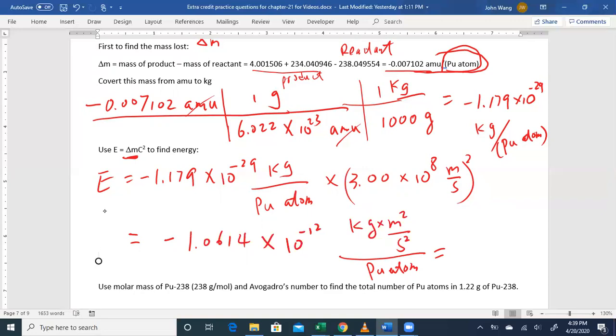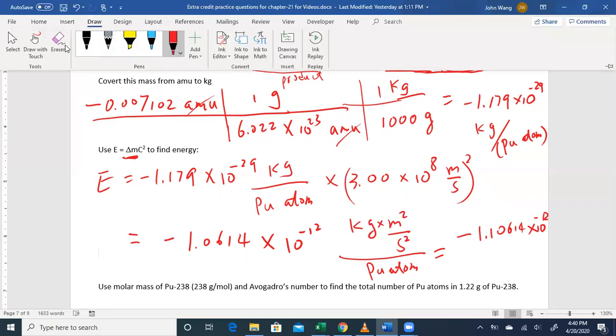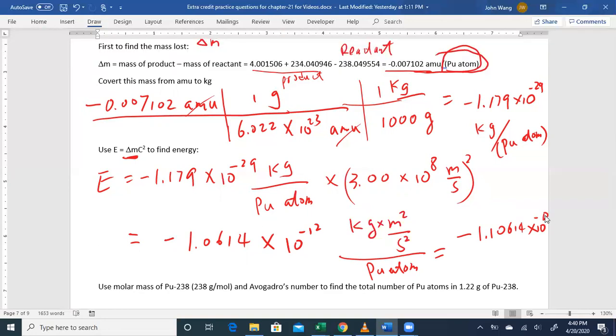So therefore, that'll become negative 1.0614 times 10 to the negative 12, and actually joules. Let me write them a little closer so we can write the units on the same line.